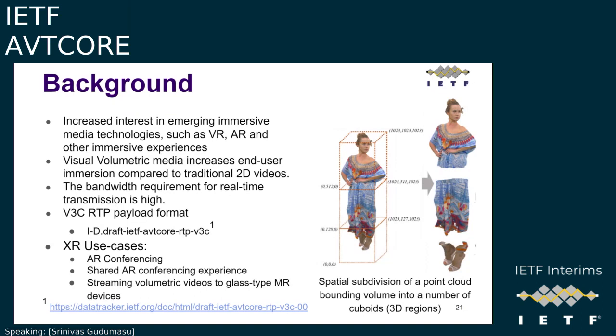As shown in the figure, the 3D regions are axis-aligned cuboids, which are defined in Cartesian coordinates with an anchor point and the size of the cuboid. So the volumetric image shown on the left side has been partitioned into 3D spatial regions. Can you go to the next slide?